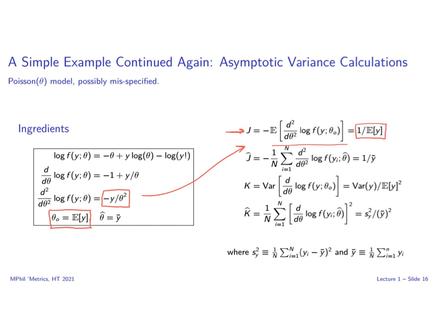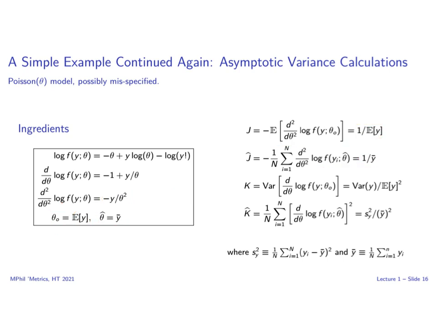The sample estimate, J hat, of this matrix simply replaces the expectation with a sample average, and the pseudo-true parameter value theta naught with the maximum likelihood estimator. If we do that, again substituting the expression for the second derivative, and also substituting our estimate theta hat for y bar, which is what it equals in this case, we obtain J hat equals 1 over y bar.